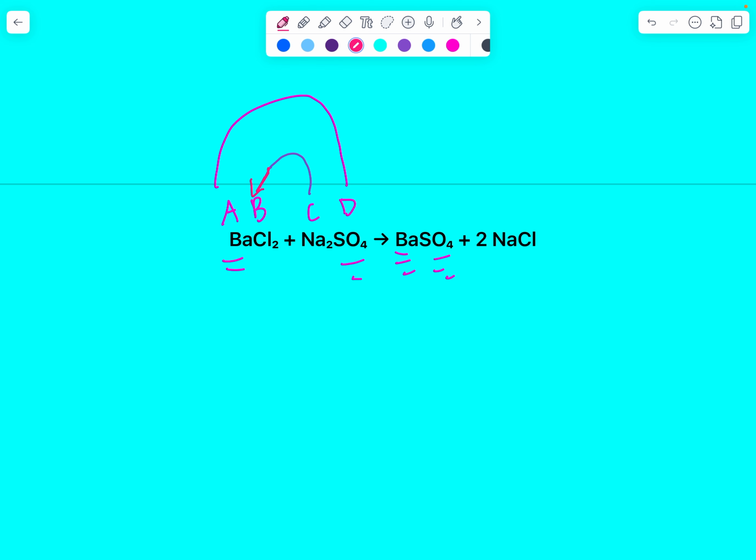BaSO4. And then I have Cl, right? That's with Na. So NaCl, sodium, right? So I have NaCl, and I have 2 from this chloride and 2 for sodium. So I just put the 2 in front. That way the 2 goes for sodium and chloride. And this reminds me of double replacement. What do y'all think?